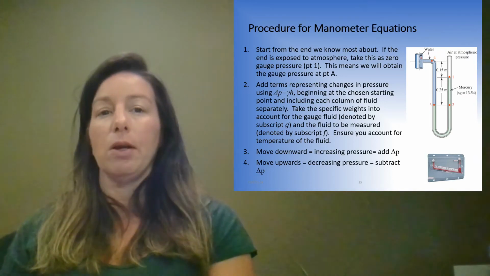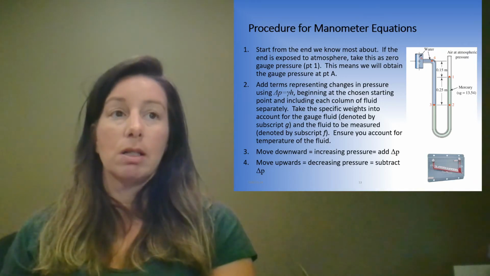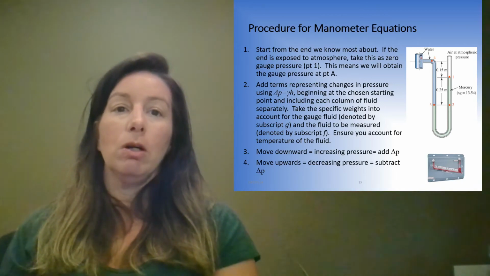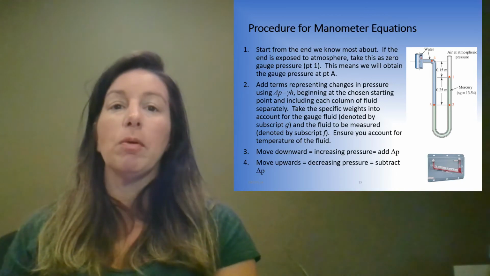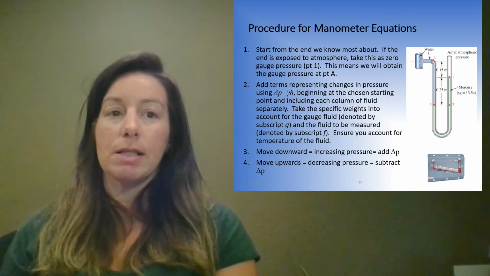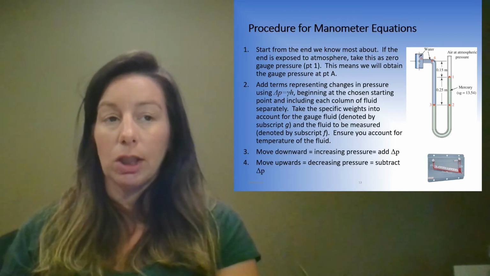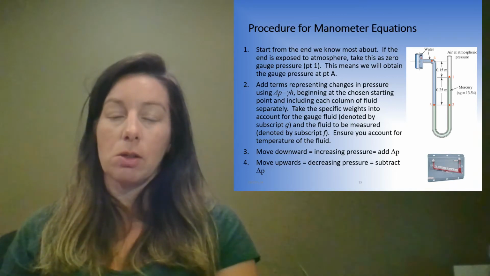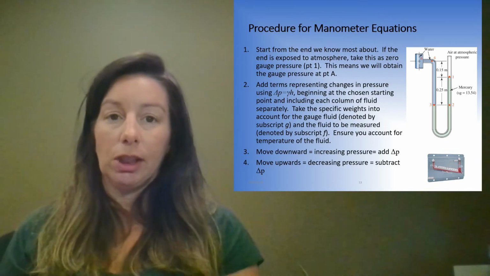And you have to ensure that you account for the temperature of the fluid, because the temperature might be different. Okay, so you move downward. If you move downward, it increases the pressure, so you add the change in pressure. If you move upward, it decreases the pressure, so you subtract that change in pressure.